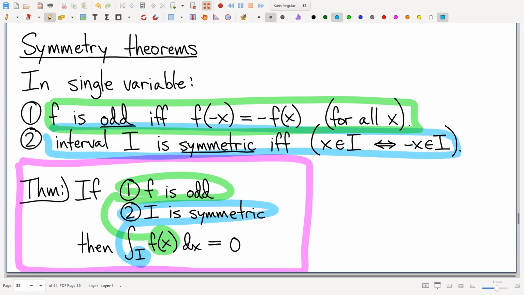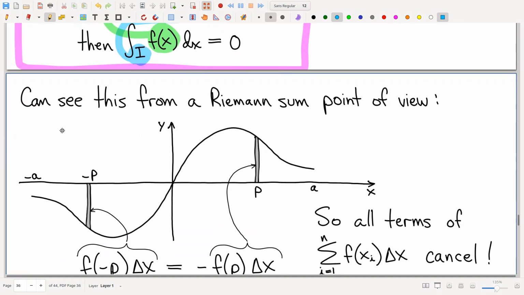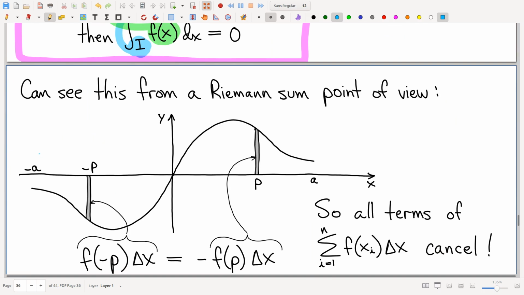I like the idea that you can relate symmetry to reflection, but in practice you probably recognize from your single variable calculus class a symmetric interval as being from negative a to a, where the lower bound and the upper bound are negatives of each other. Again, I find it more natural to think of this as an interval that is its own reflection. When you take this interval and reflect it over the origin, same thing.